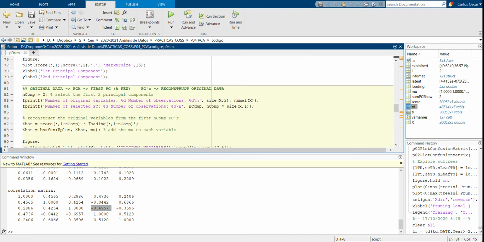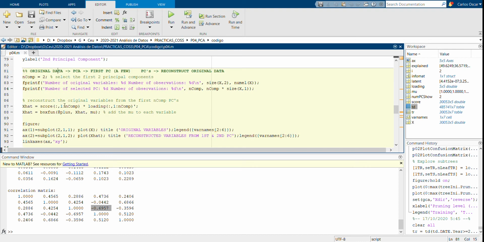Then we can reconstruct, and for doing that you don't have to fully follow the mathematics here, but what we are doing is first making this projection, making this multiplication of the score times the principal components, and then we have called this x hat. It is an approximation to x.